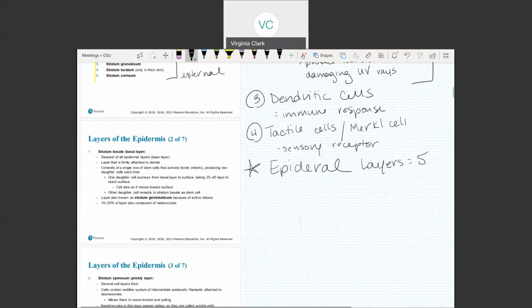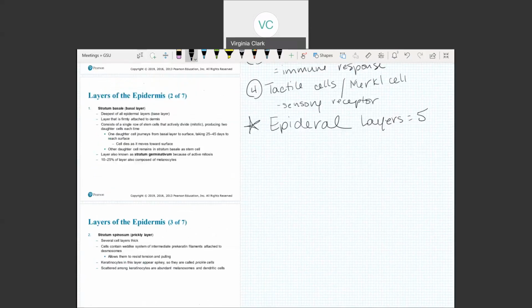Okay, so starting with layer 1, this is your stratum basale. Your stratum basale is your base layer. That's what that means. It is going to be the deepest layer, the most internal layer of your epidermal layers.